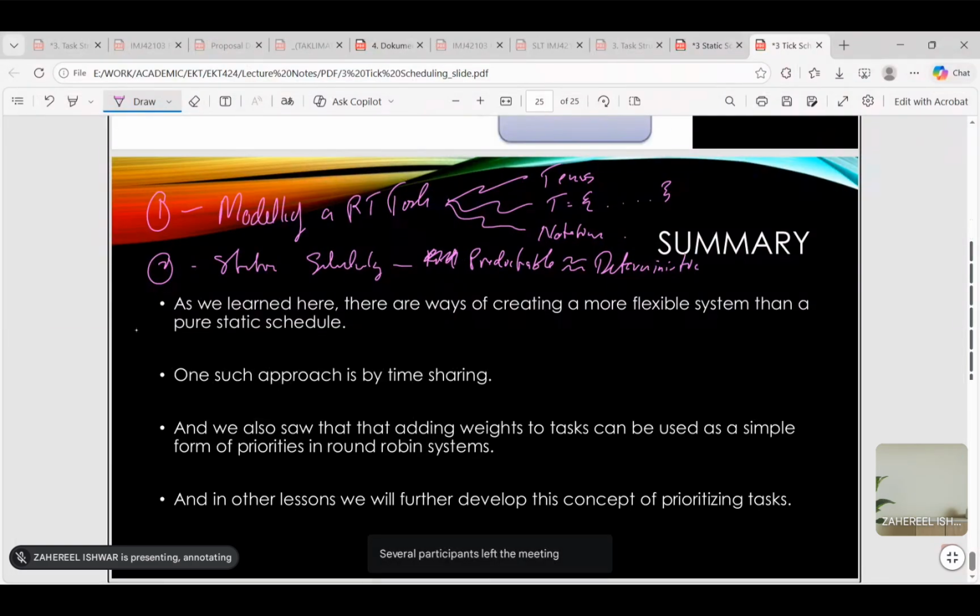And the third one we talk about is tick scheduling. Round robin, you can take as knowledge. These are the real-time algorithms that we talk about so far. Round robin is also used in real time, but not that fast. Okay, any questions so far?